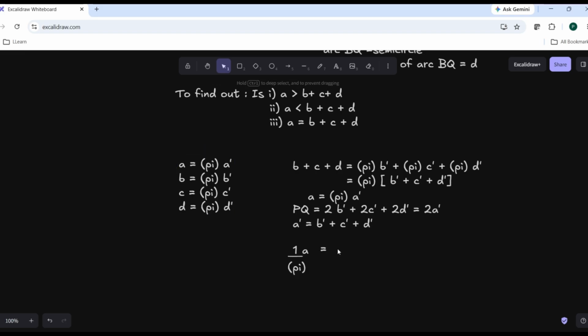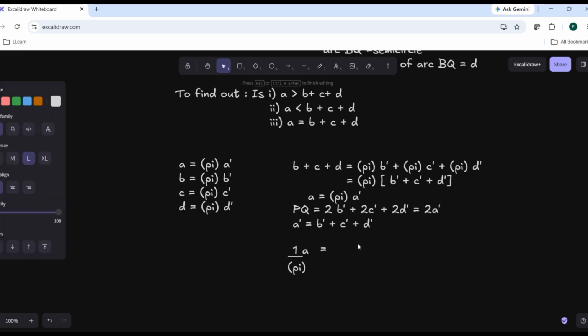So we'll write 1 by pi of A is equal to 1 by pi of B plus C plus D, that is B by pi plus C by pi plus D by pi, right?